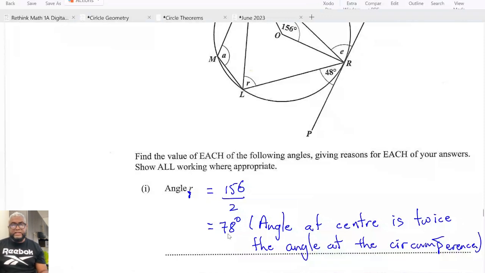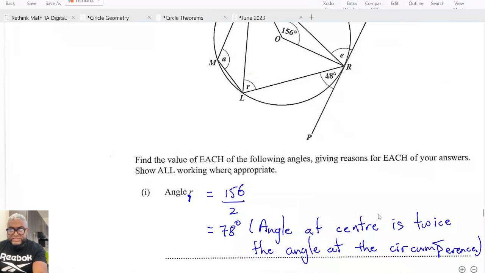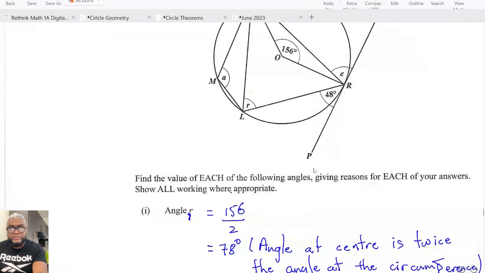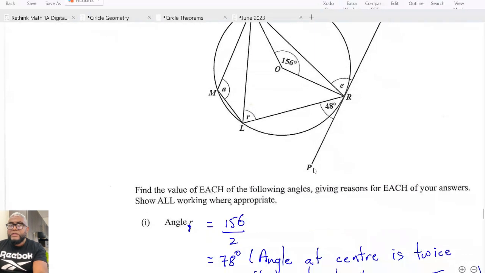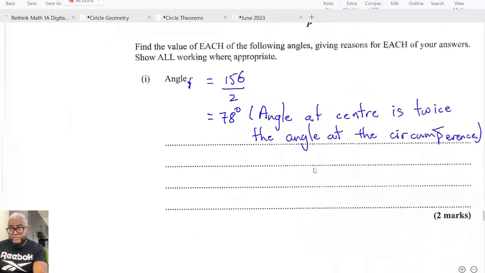Angle at the center is twice the angle at the circumference. Everybody good there? Right, let me see what they're asking us for next. Do you all need to write? Everybody good there?